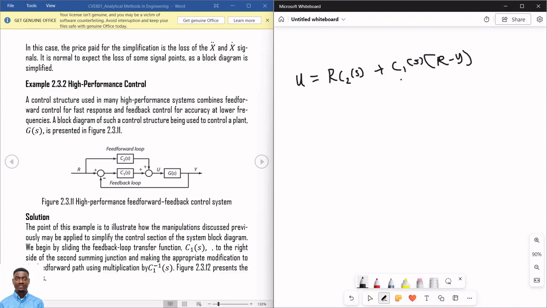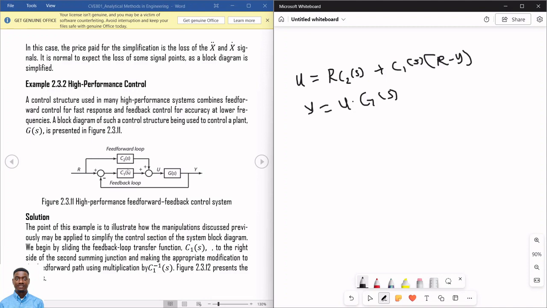So that is the model just for this U. And all of that goes into GS to give Y. So Y itself is U dot GS, S in brackets. And we know that all of this is U. So all of this going into GS gives us Y.